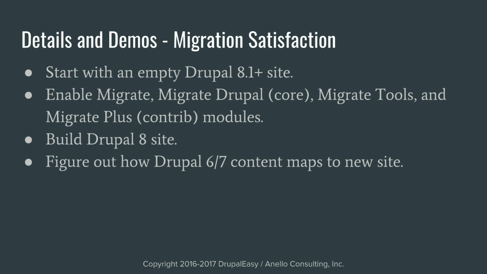Maybe you have to re-architect some things the same way while changing other things. But ideally, you want to build this the right way, using all the right entities, all the right fields, not thinking at all about your old site. And then figure out, how do all the things in my old site map to the things in my new site?